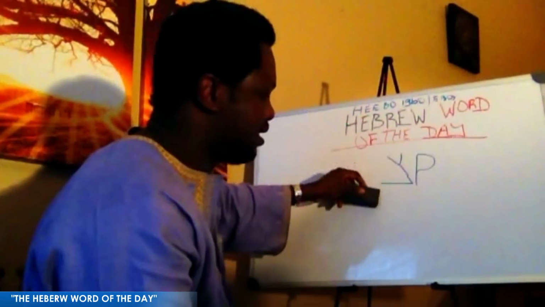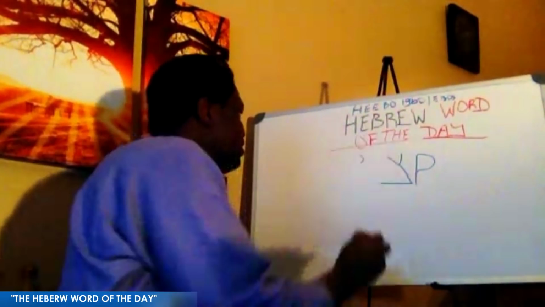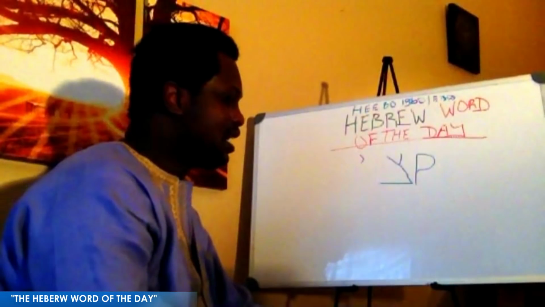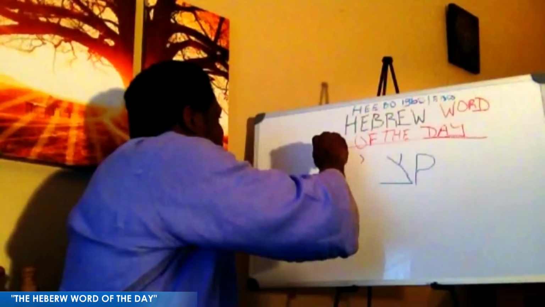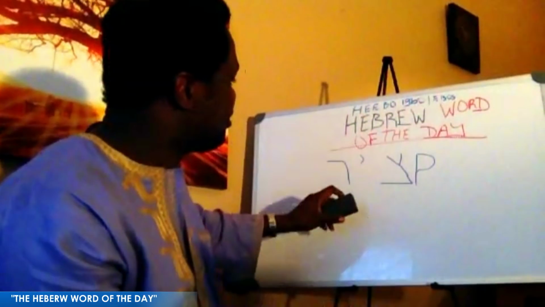And then we have the yod, which gives you the Y sound. And then you have the reish. It gives you the R sound.